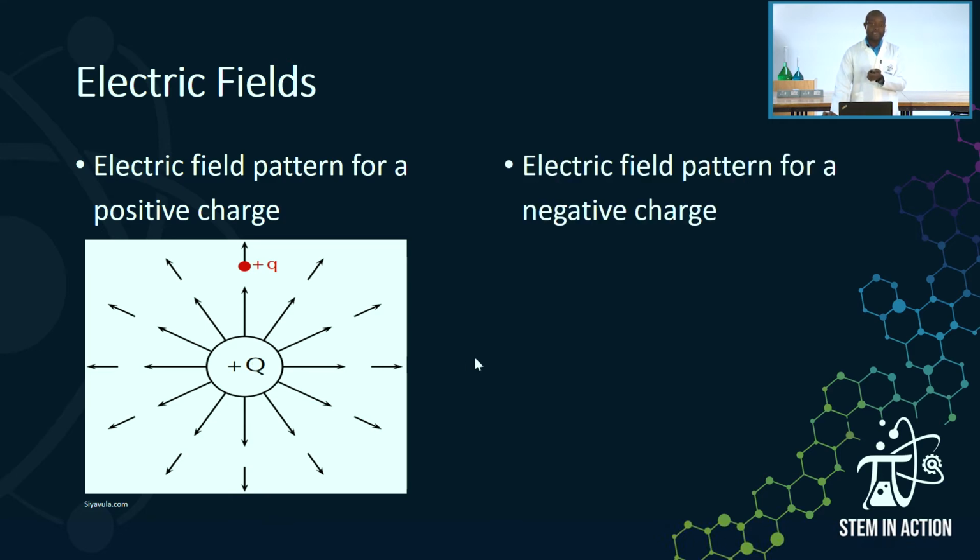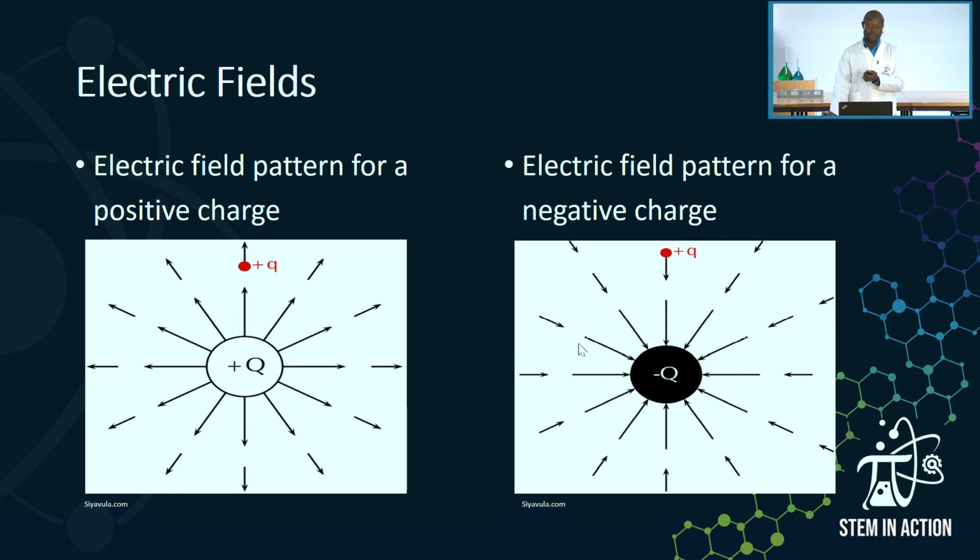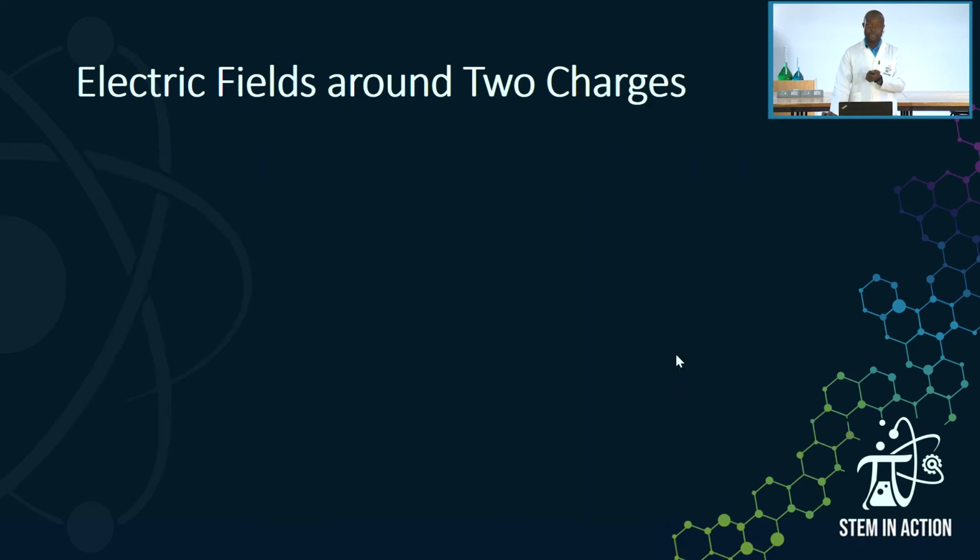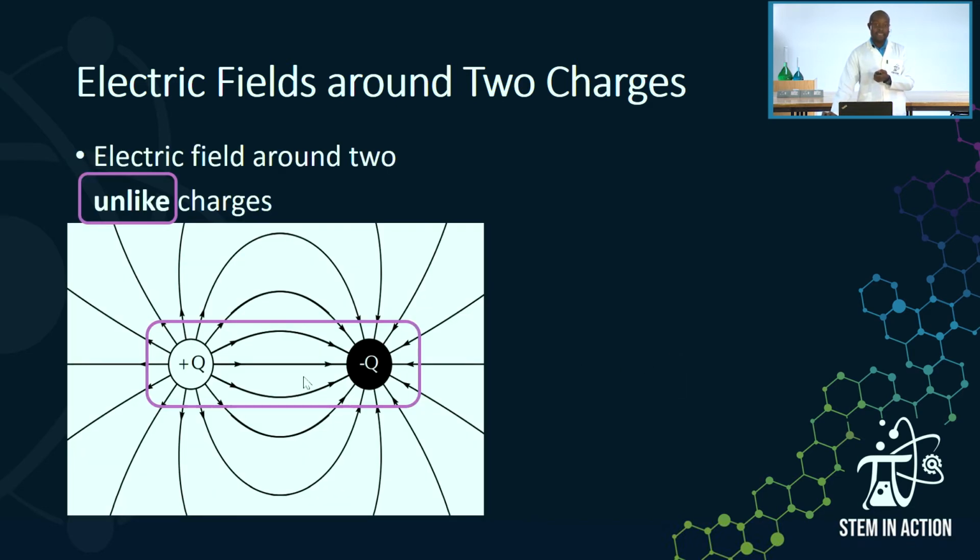And when it is the electric field pattern of a negative charge, we expect that our pattern is going to have lines that are moving towards the charge. So it means that our test charge, which is positive, is going to be drawn towards our charge. Then we can have electric fields around two charges. In this case, if our charges are unlike charges, one positive and one negative, we still expect that our arrows are going to be moving away from the positive charge towards the negative charge, and you should be able to draw these patterns.